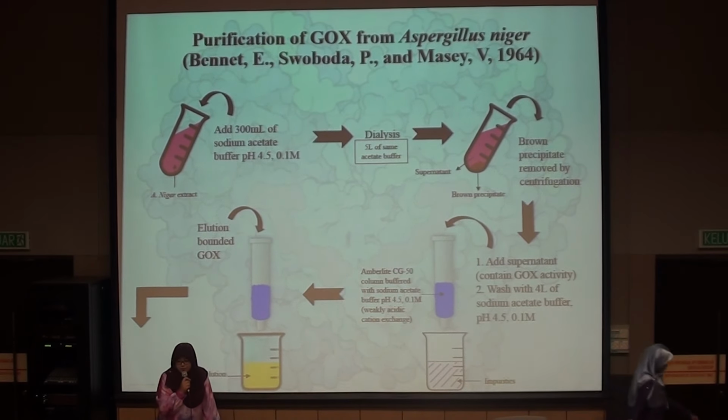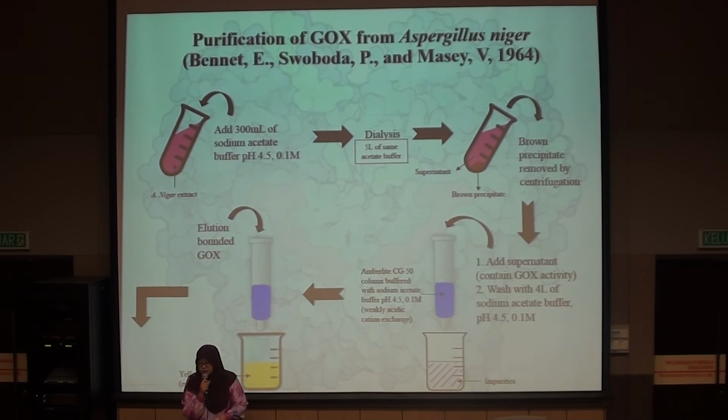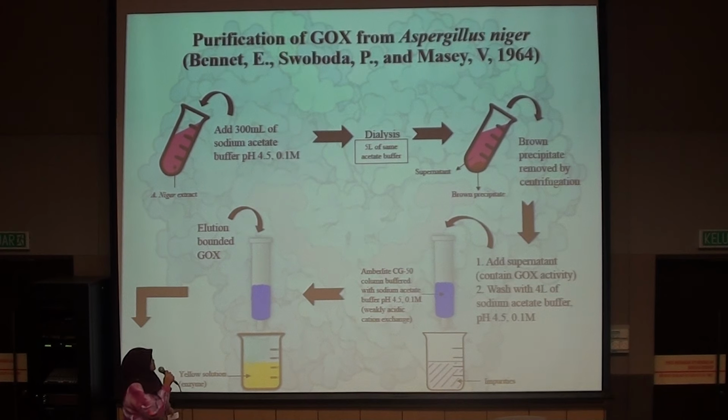Alright, as for further purification of GOX, the journal article that I found is written by Bennett et al. in the year 1964. This protocol is a bit ancient, about 50 years old. The Aspergillus niger extract is added with sodium acetate and then dialyzed to separate proteins based on the electrolytes present in the extract.